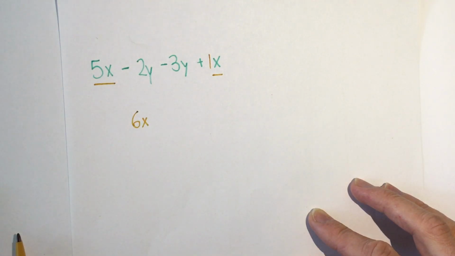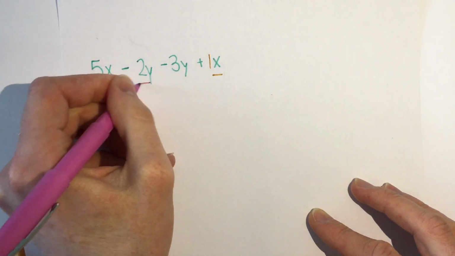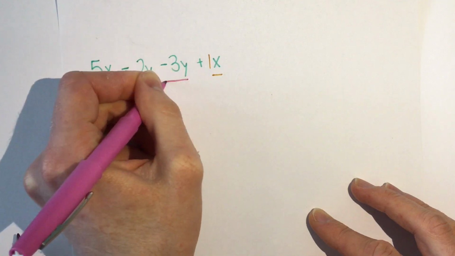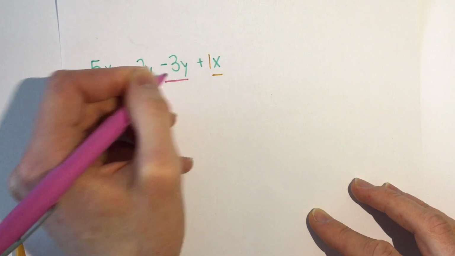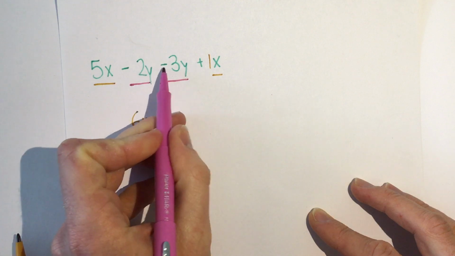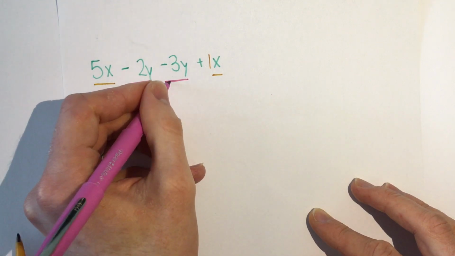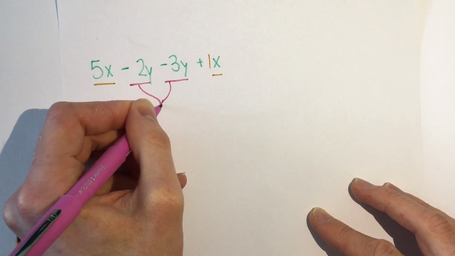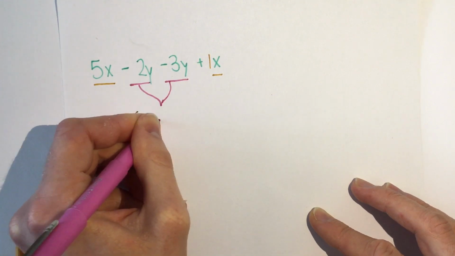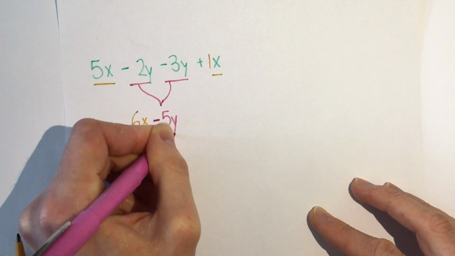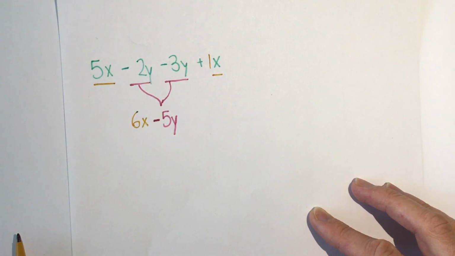Here, our y's are negative 2y, or minus 2y, and minus 3y. So negative and negative. Negative 2 minus 3 is negative 5. Since it's negative, what we want to make sure is we put a minus in front. So it's minus 5y.